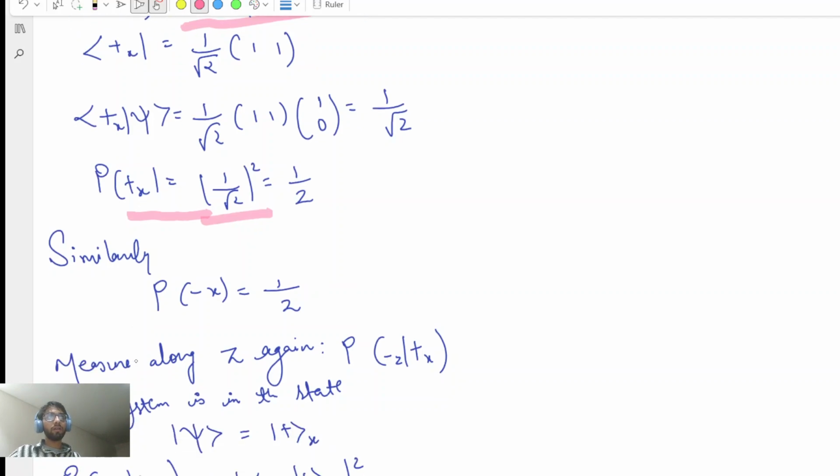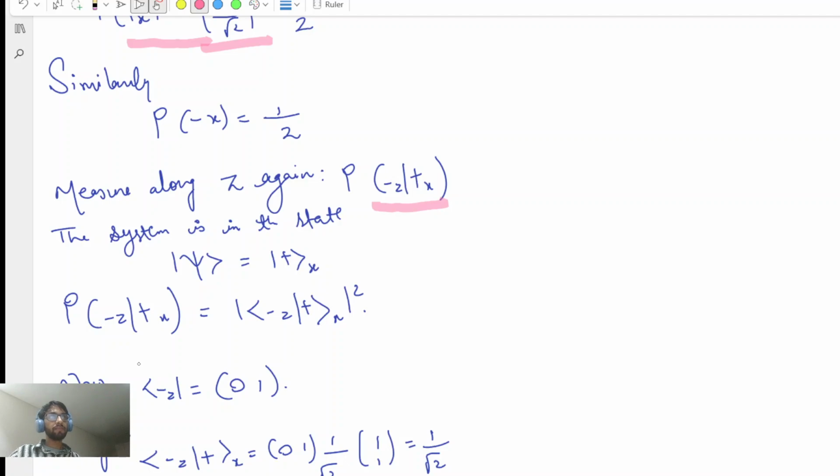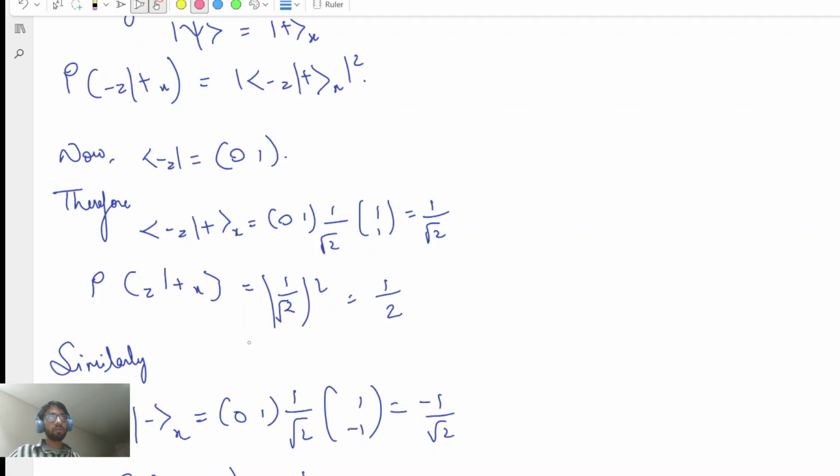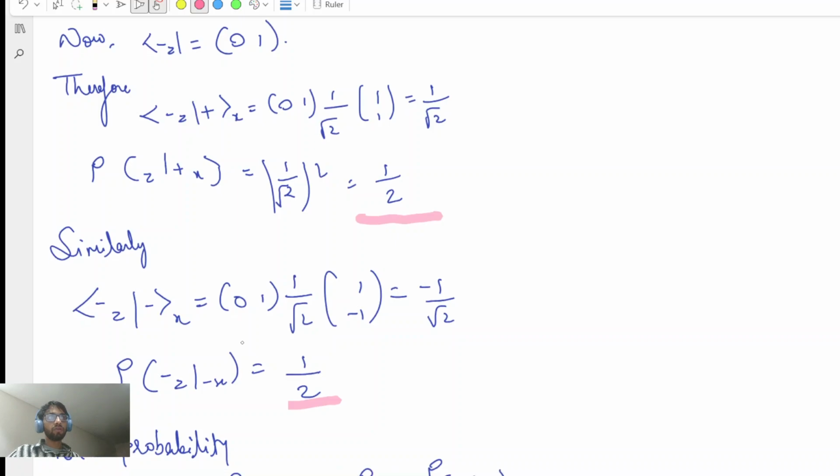Now, the third observer measures along the z-axis again. So now we will apply the minus z operator on the plus x. We do the same calculations. Here we got half for the plus x-axis, and similarly for the minus x-axis, minus half. So what have we done?